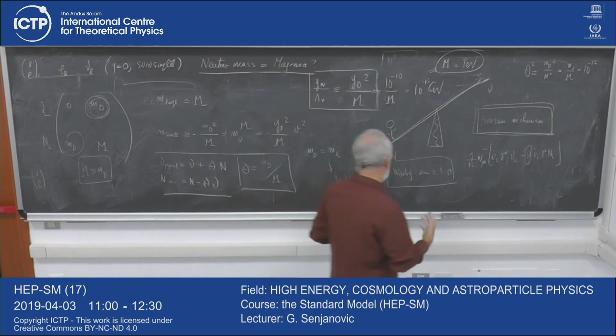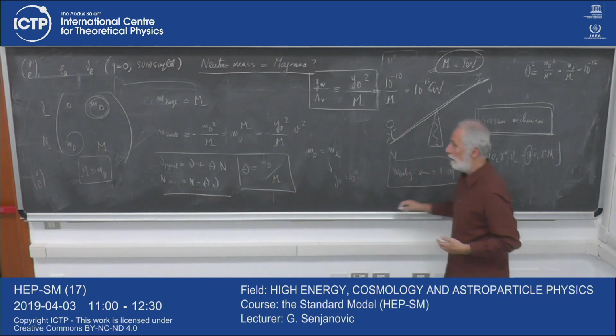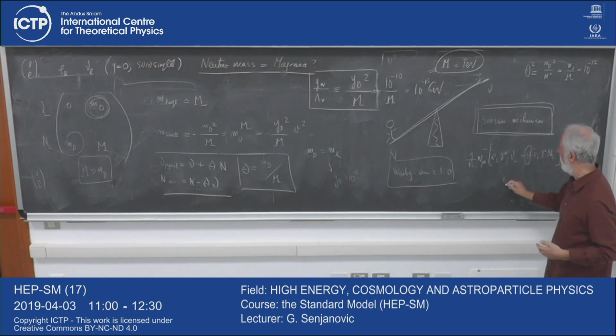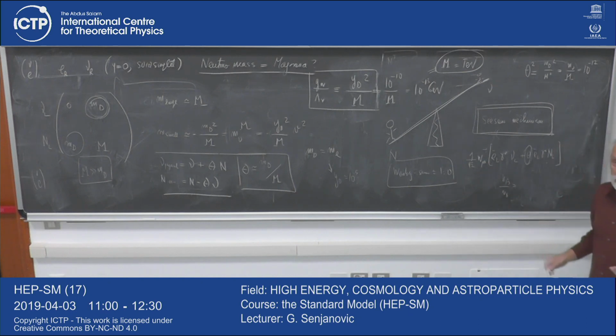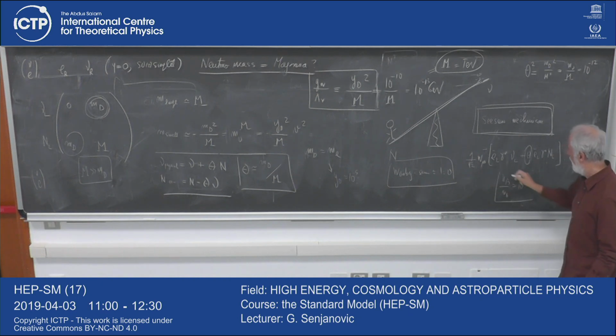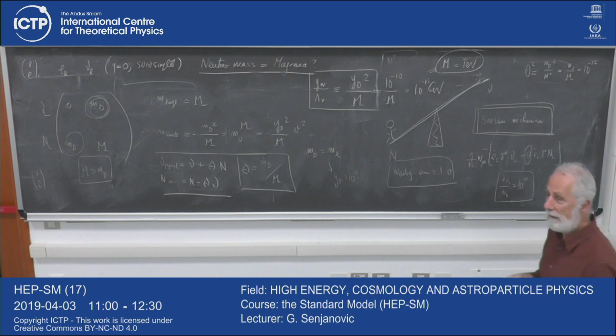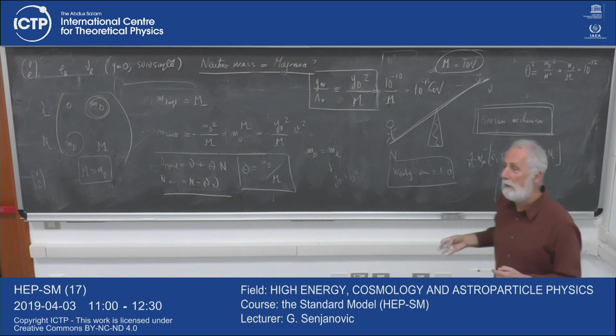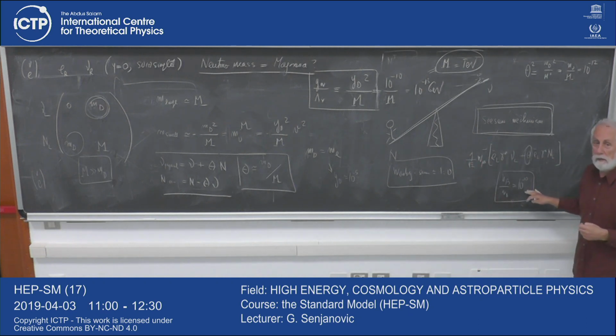Remember, please, this magical number, one of the most interesting numbers of cosmology, especially for those of you interested in astroparticle physics: the number of baryons over the number of photons is 10 to the minus 10. The physics beyond the standard model would be great if it were able to explain this number.